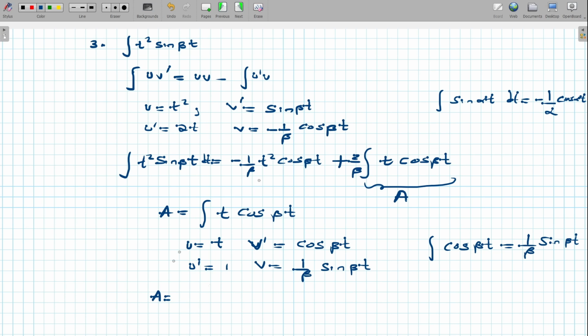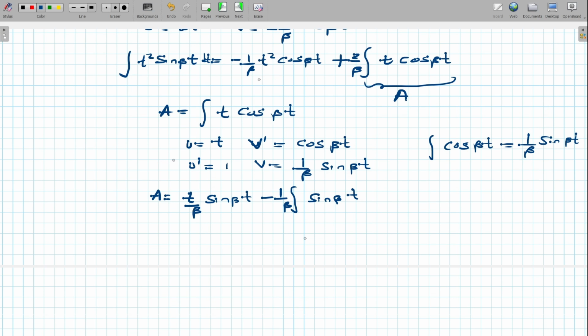So u multiplied by v is t multiplied by 1 divided by beta, and then sine beta t, and then of course we are supposed to have minus the integral of u prime v. Now u prime is 1, and v is 1 divided by beta sine beta t. So what we're going to have here is 1 divided by beta, which is a constant, so I've taken it out of the integral sign, and then we're supposed to have the integral of sine beta t, like so. So that looks good.